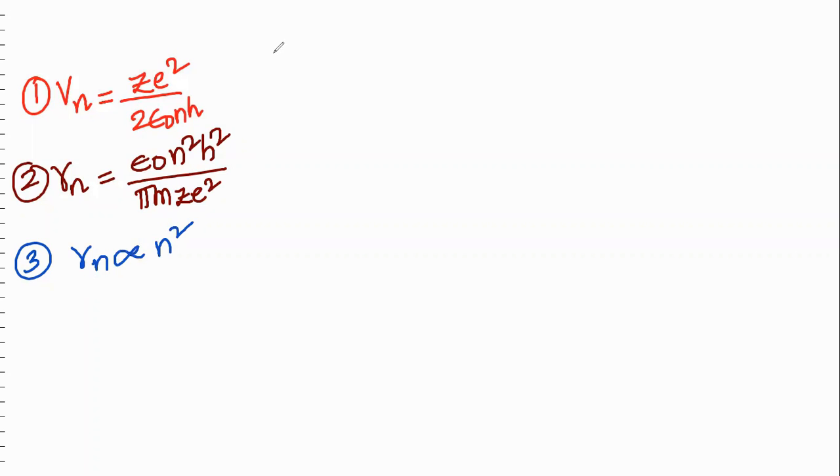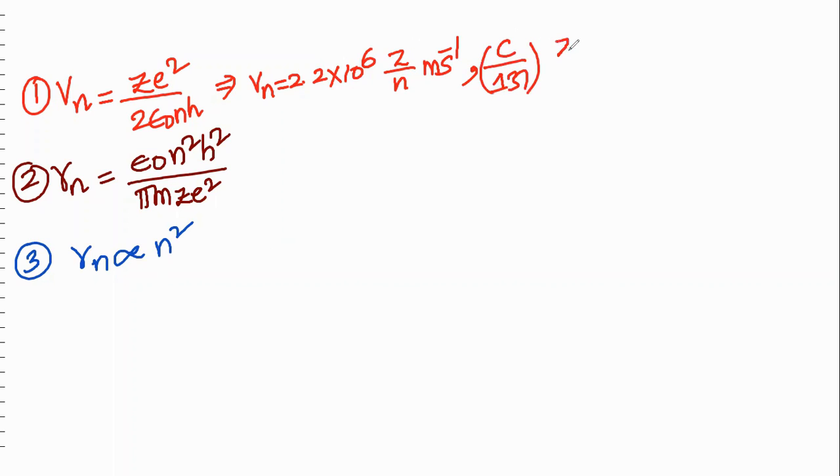Velocity of the electron, Vn is equal to 2.2 into 10 power 6 Z divided by n meters per second, that is, c divided by 137 into Z divided by n meters per second.